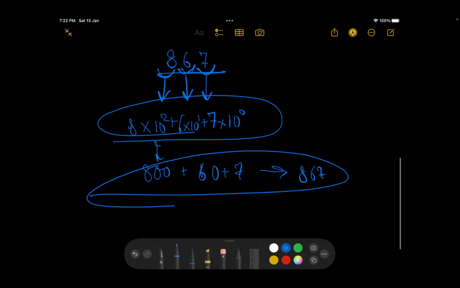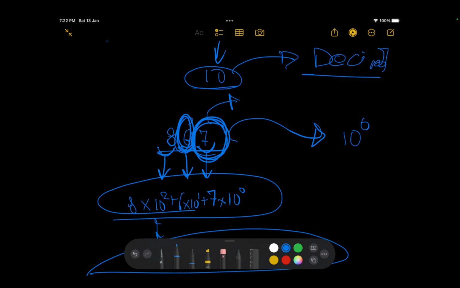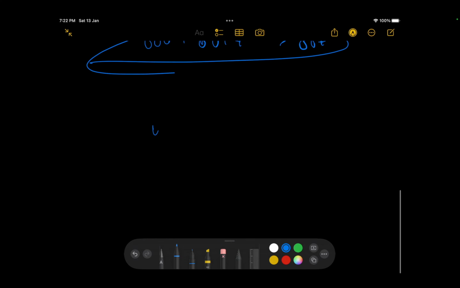So the idea over here is that whatever number you are writing in decimal representation, the very first digit from the very right, I'm calling this the 0th digit, would be multiplied by 10 to power 0. Then the first digit would be multiplied by 10 to power 1. The second digit would be multiplied by 10 to power 2, or in general, the ith digit would be multiplied by 10 to power i.